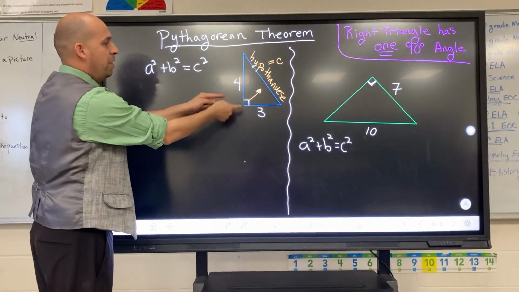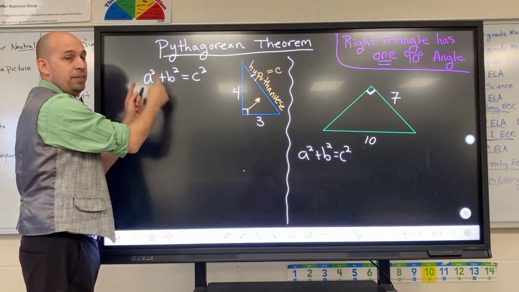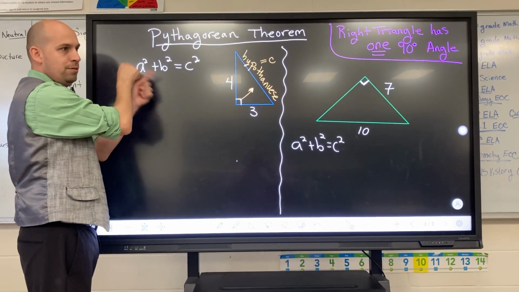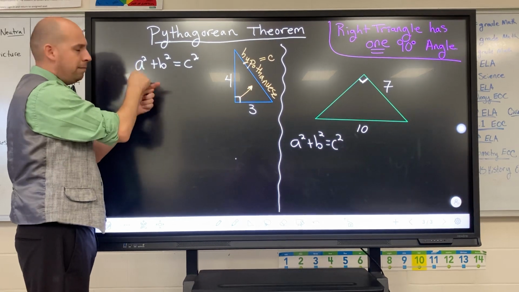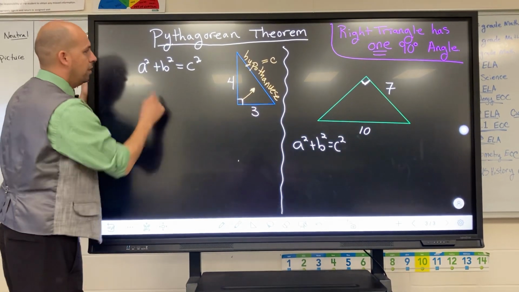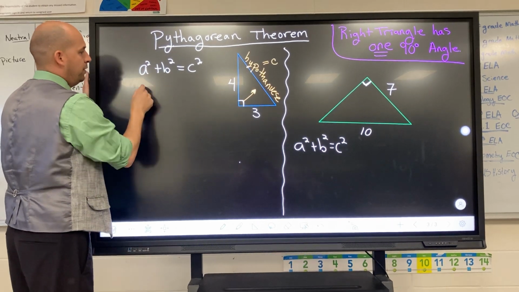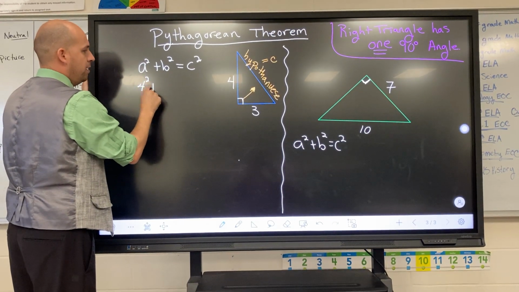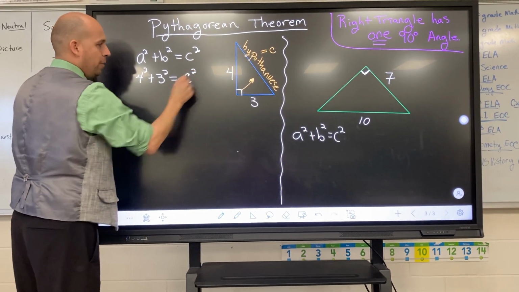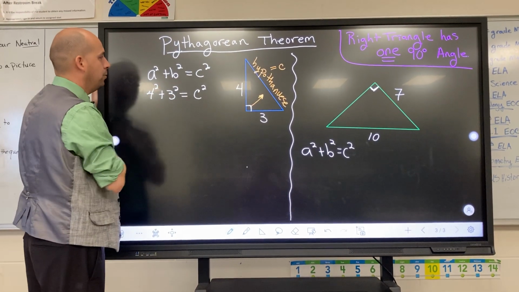It could be either way, and that's because of the commutative property of addition. 2 plus 3 is the same thing as 3 plus 2. It's 5 no matter which way you add them. All right, so let's crack on. Let's try this: 4 and 3, I'm going to substitute in for A and B. So 4 squared plus 3 squared equals C squared, I have no idea what that side is, that's the hypotenuse.